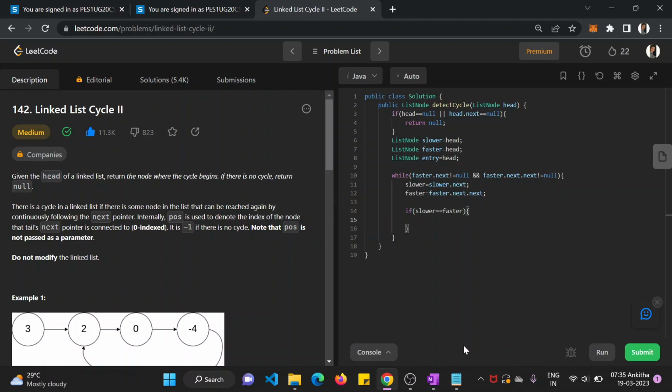If that's the case, then you perform the loop while entry not equal to slower: slower equal to slower dot next, then comes the second one, entry equal to entry dot next.